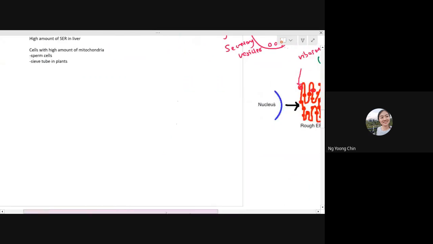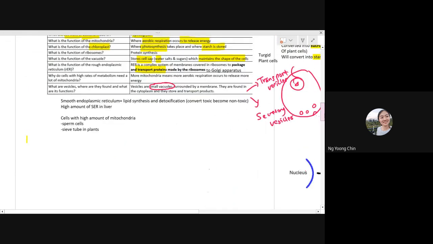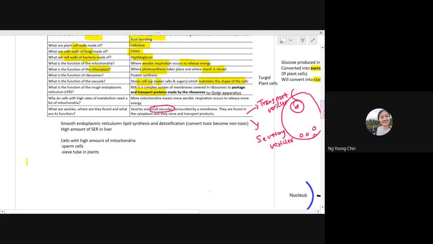Yeah. So actually, biology no need to memorize. You just need to understand only. Yeah. So vesicle, they are very, very small vacuole. Okay, please remember that plant have a large central vacuole, but animal cell, okay, I refer to plant cell.